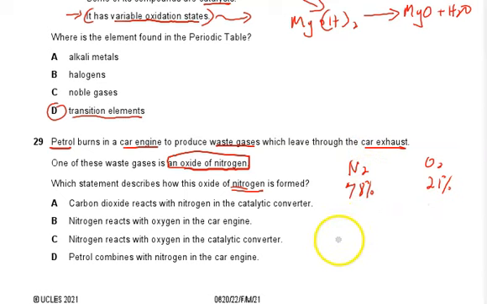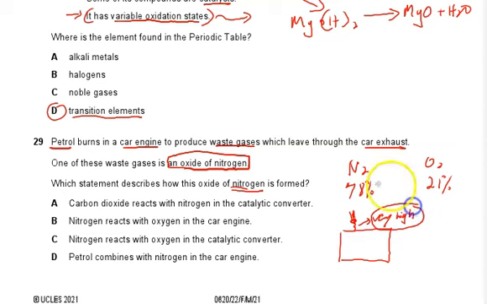So the engine, if you look at this engine, we have this spark plug. Between the spark plug and the space over here, it will transmit a very high voltage, which is a trigger to combine nitrogen and oxygen chemically.